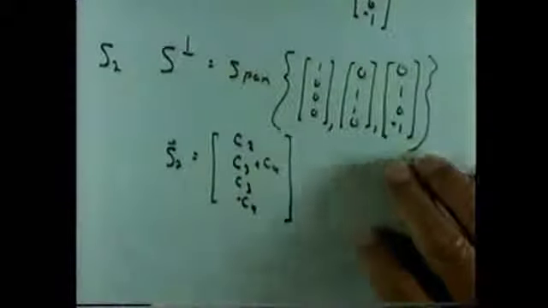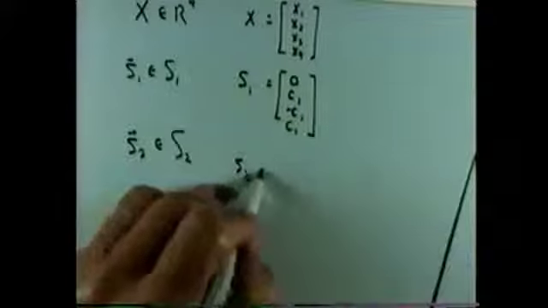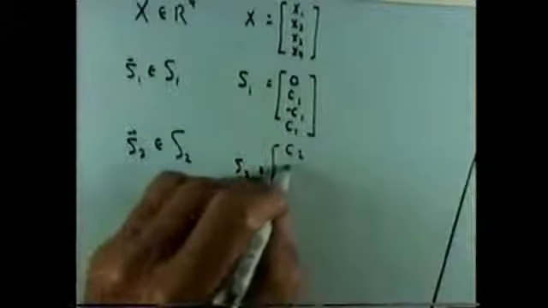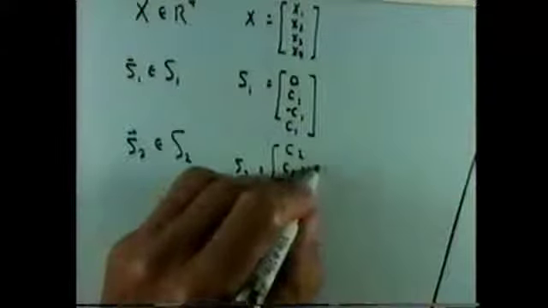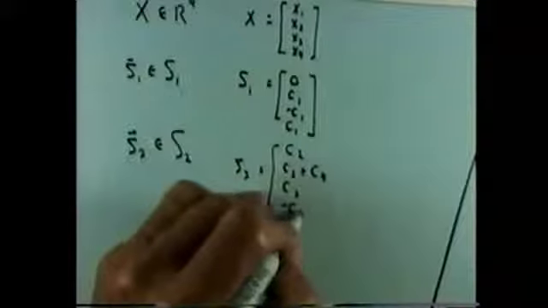So S2 will be of that form. So I'll go ahead and put S2 here, which would be C2, C3 plus C4, C3, a negative C4.